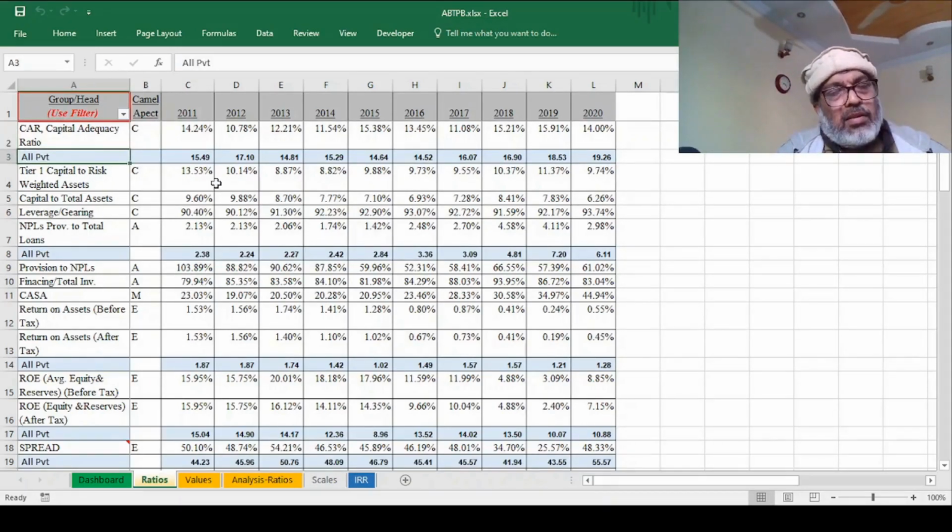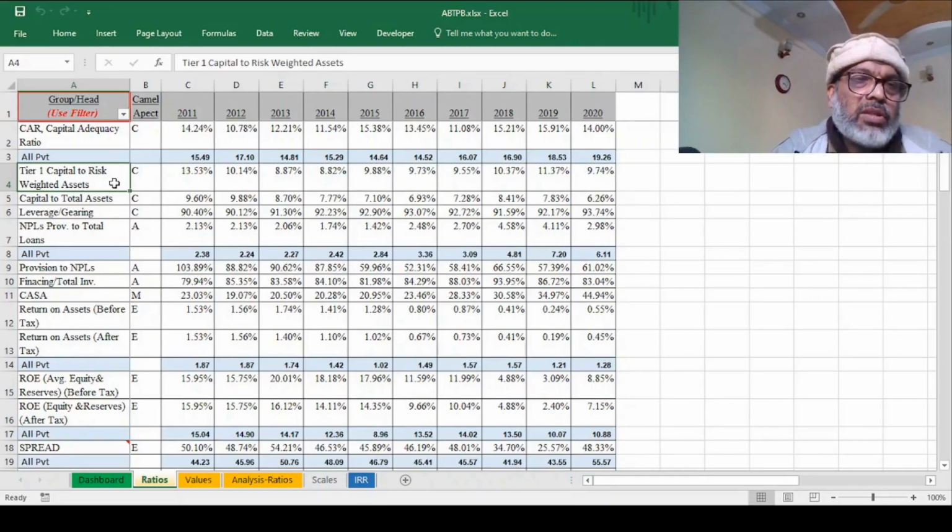And this is the ratio of the central bank, all the banks' average ratios, and we compare it with it. And this is capital to risk weighted assets and capital to total assets. Risk weighted assets are the assets which are adjusted to the non performing loans, how much their collectibleness.